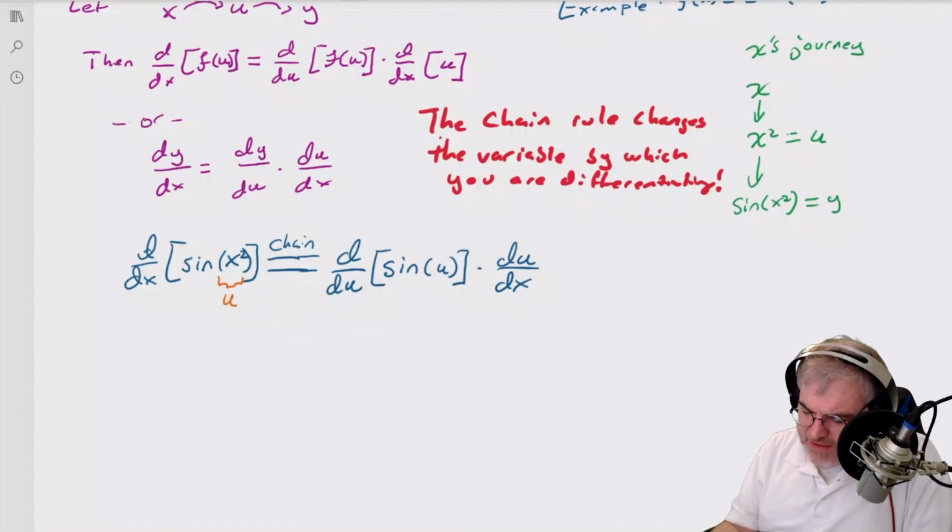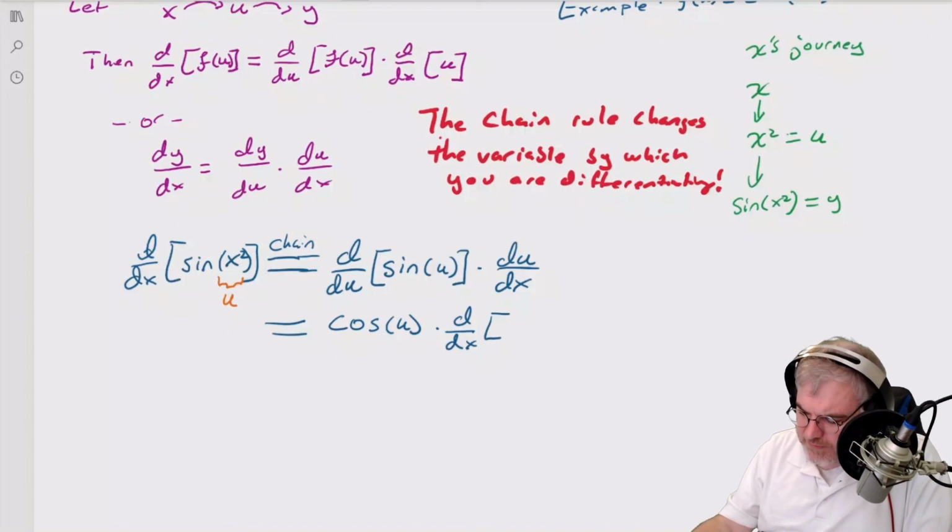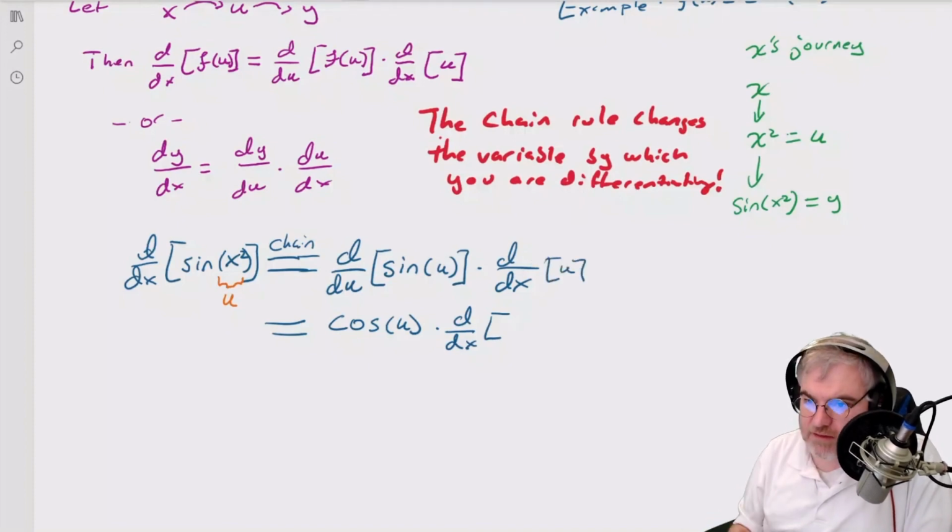Now I'm going to evaluate the first one. The derivative with respect to u of sine of u is the cosine of u. And then I'm going to say that's d over dx. Now I'm going to substitute in my u. So I'll make this just a u here. It's not u squared. u equals x squared here.